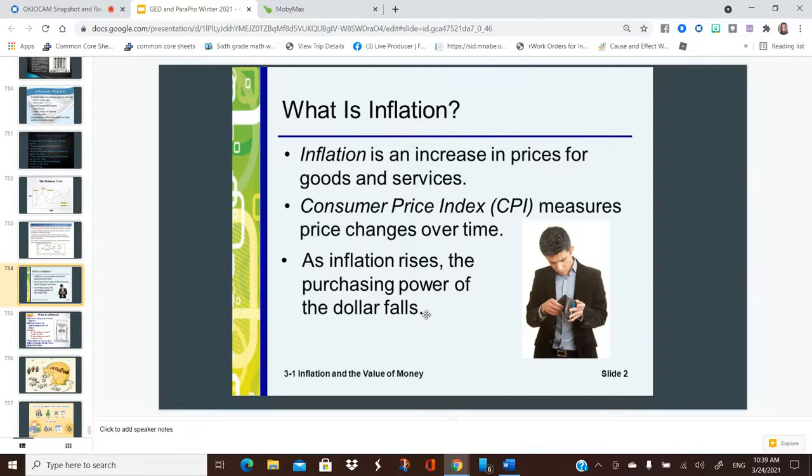So maybe 100 years ago, a dollar could buy you a lot more than it could now. It's just how it happens. Prices will always inflate. Hopefully, your wages and how much money you're making will also increase, because if they didn't, that'd be really bad.